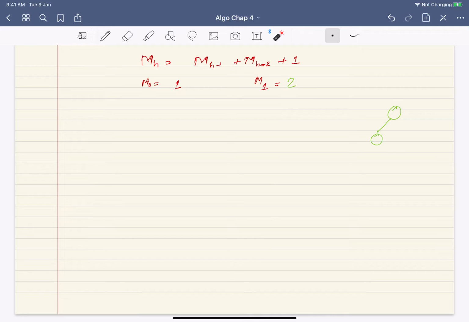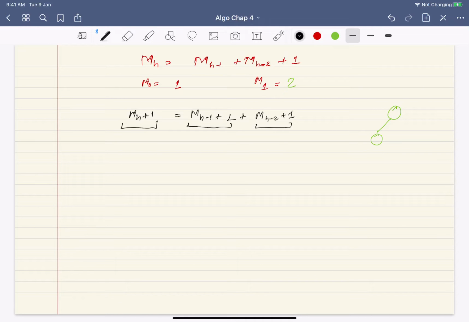What can I do so that the sequence becomes a Fibonacci series? I can say mh plus 1 is equal to mh minus 1 plus 1 plus mh minus 2 plus 1.